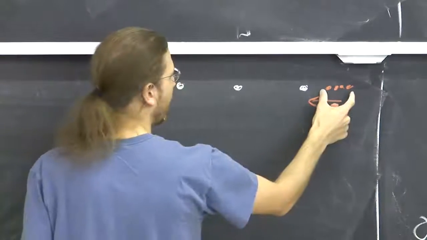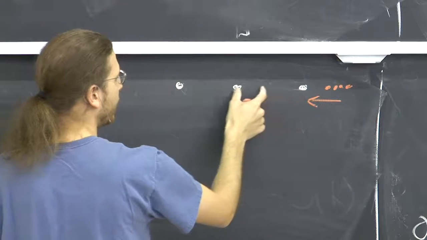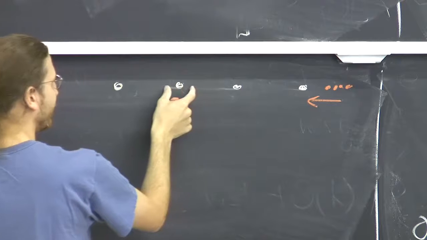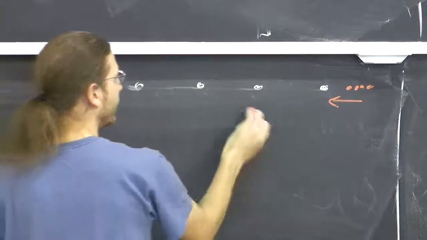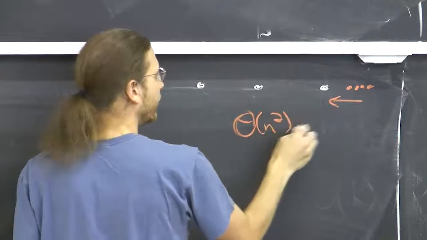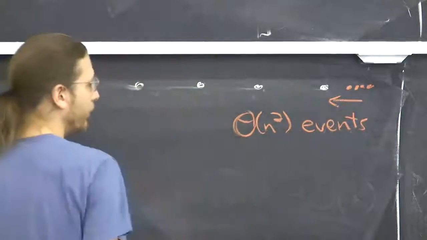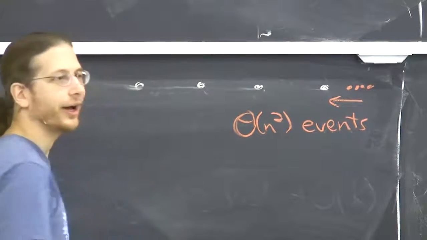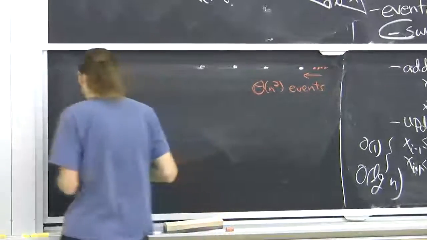Then what happens? Well, there's event, event, event, and so on. You're going to get n squared events. Get like n over 2 each time you cross a white point.